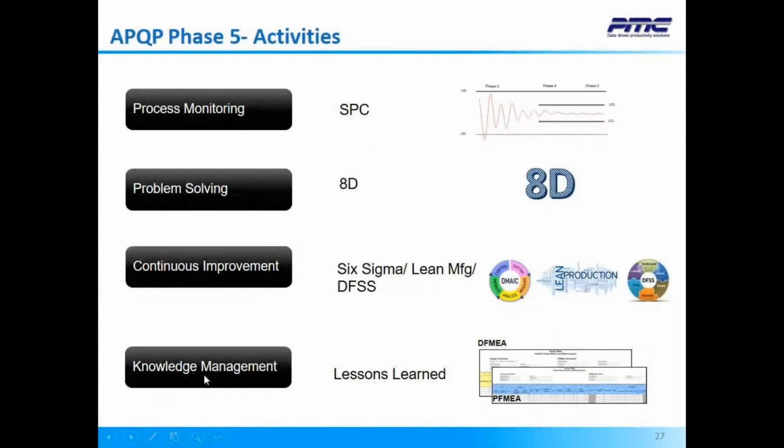And knowledge management, which is the lessons learned. So the DFMEAs and PFMEAs, the failure mode and effects analyses, become the libraries of the lessons learned. So anytime we launch a new product, we use these documents as a baseline.